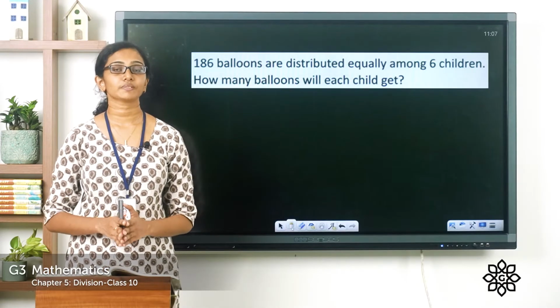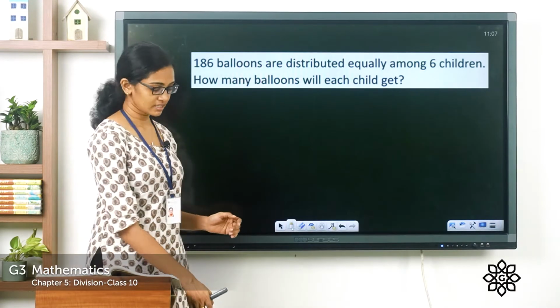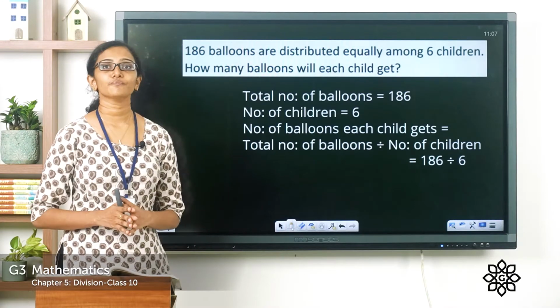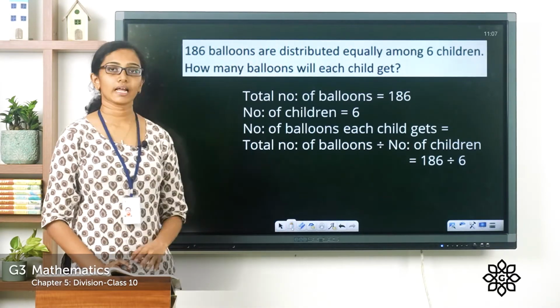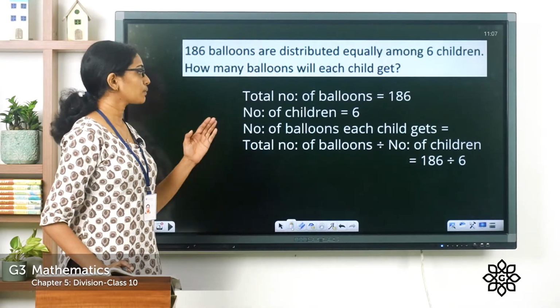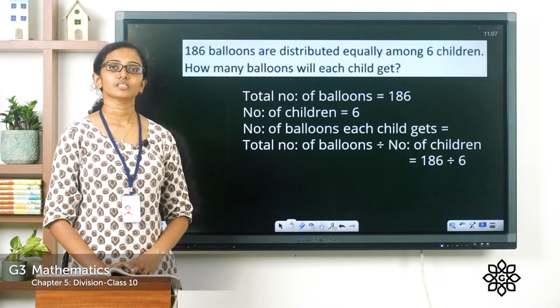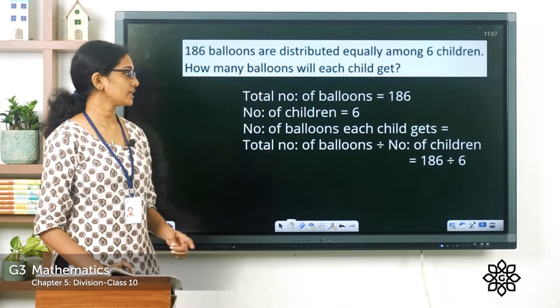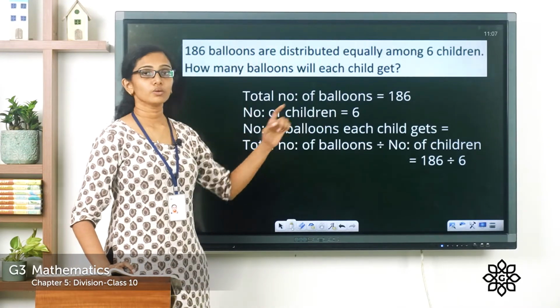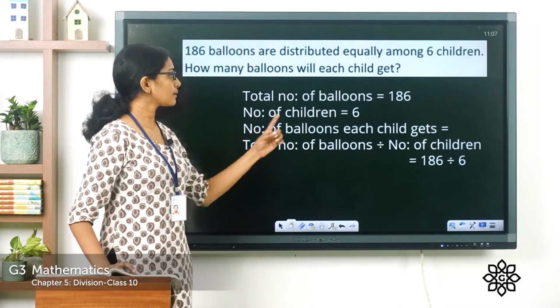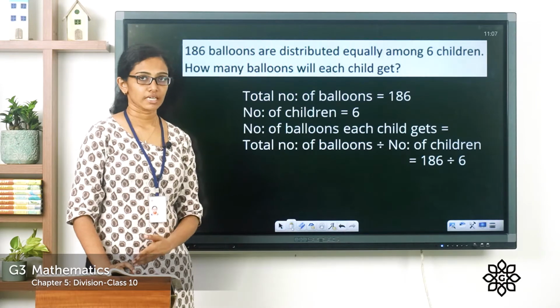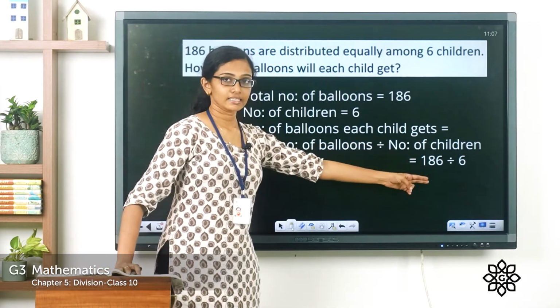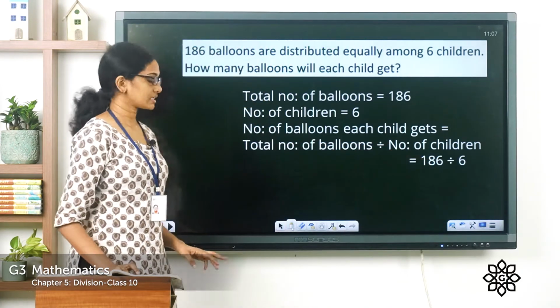Now let's write the steps from the data given in the question. The total number of balloons is equal to 186 and the number of children is equal to 6. The number of balloons each child gets will be equal to the total number of balloons divided by the number of children, which is equal to 186 divided by 6.